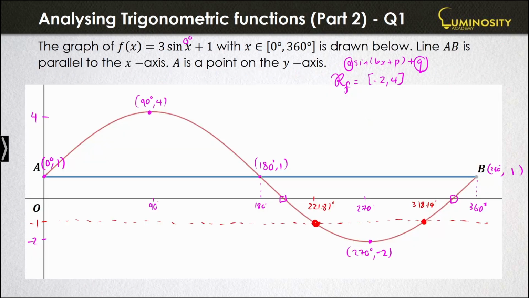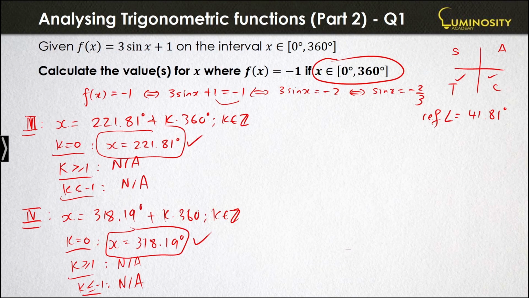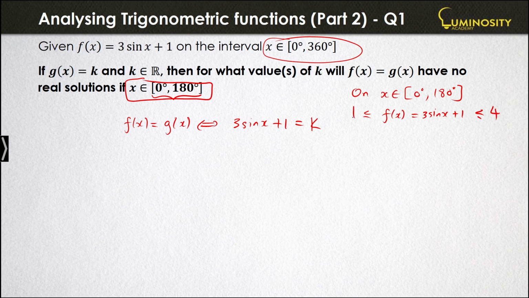So here's 180 degrees, and 0 degrees. You can see the lowest value is 1 and the highest value is 4. Okay, so all the y values are between 1 and 4. That's really important.